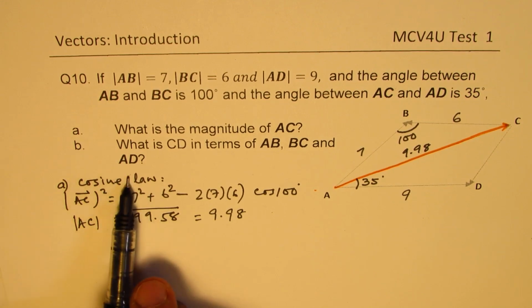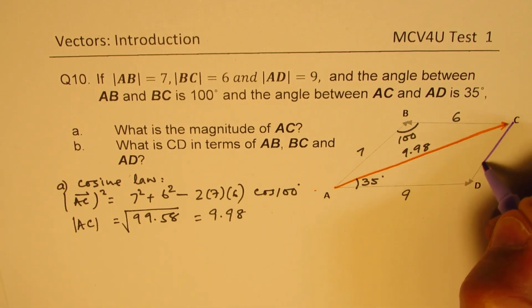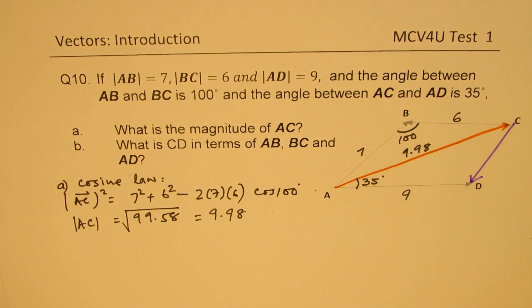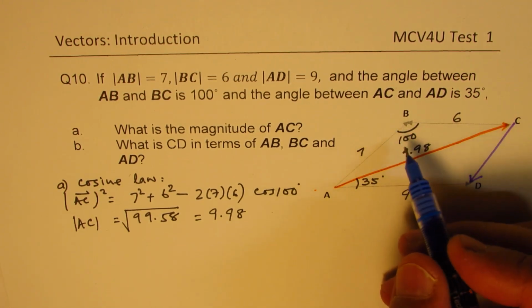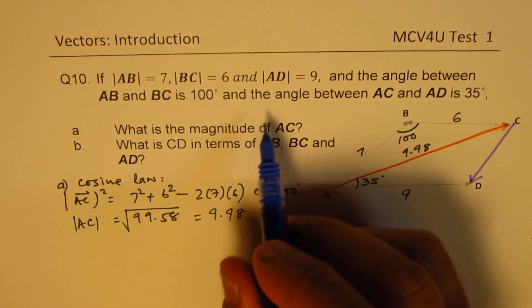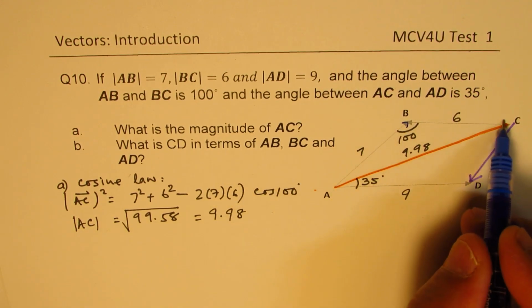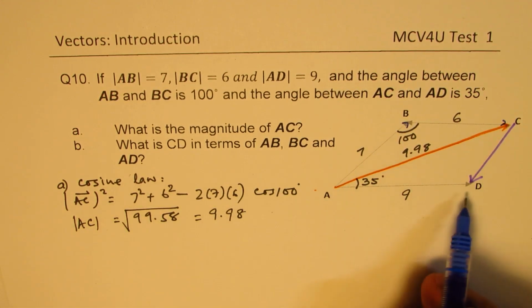Now let's do part B, which is what is CD in terms of AB, BC, and AD. So C to D we have to find in terms of AB, BC, and AD. Okay.